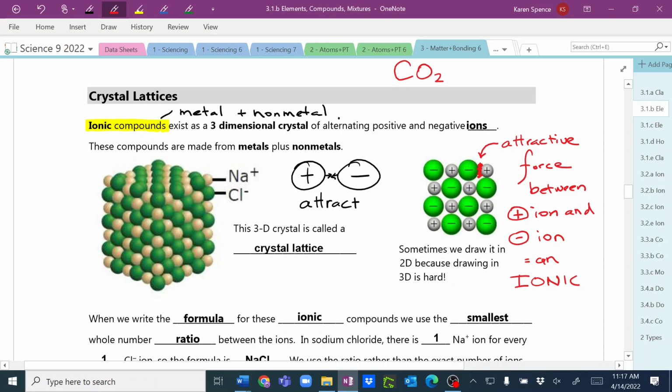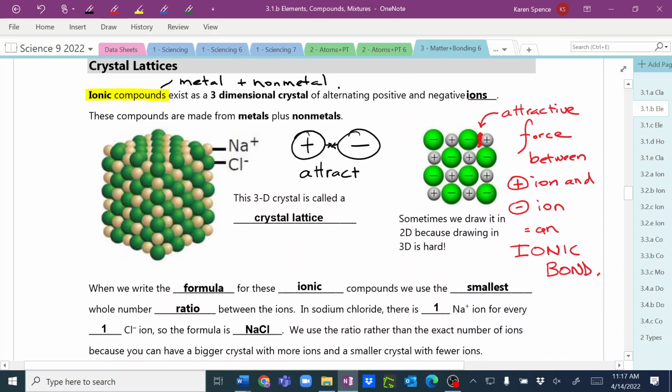It's an ionic bond. Okay, so that attractive force is an ionic bond. That's what I'm trying to say.